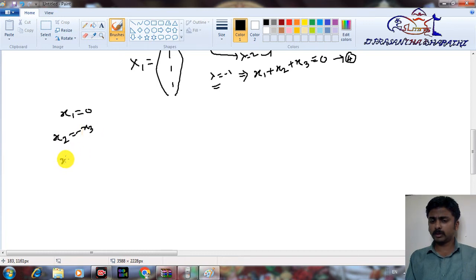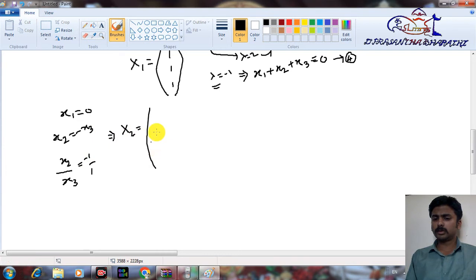So x2 by x3 is minus 1 by 1, which implies this is our second eigenvector, x2 equal to 0, minus 1 and 1.